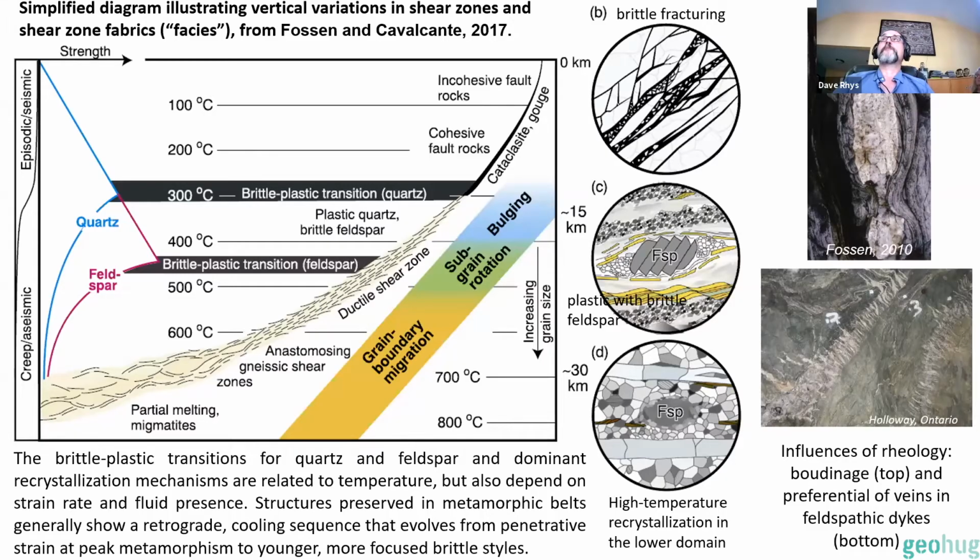It's behaving in a brittle manner and being wrapped around by the foliation in the host rock, which is a quartz-rich schist. And so if you were to drill a hole across the center of that boudin, what you would see is a rock in the middle that is the feldspar-rich one that doesn't look deformed at all, but the rock around it, which is just schist, is going to have a strong foliation.